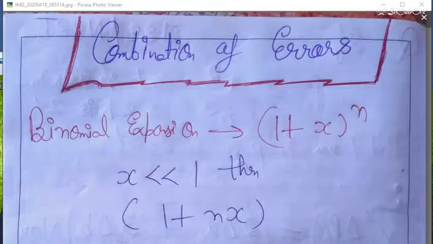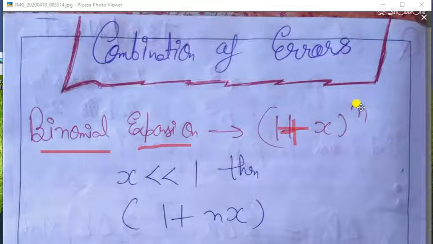So students, during this lecture, you have to know about the binomial expansion. What do you mean by binomial expansion? If we have a relation 1 plus x raised to the power n, and the value of x is very much less than 1, then we can write it as 1 plus nx.